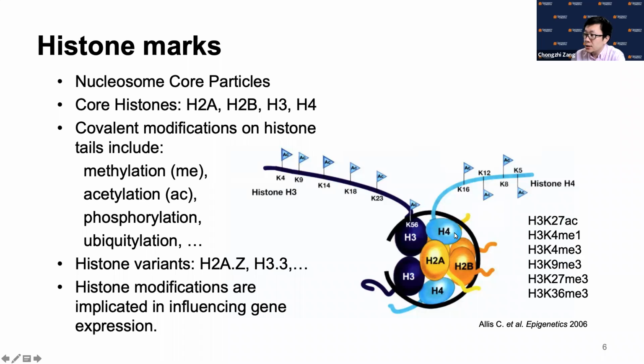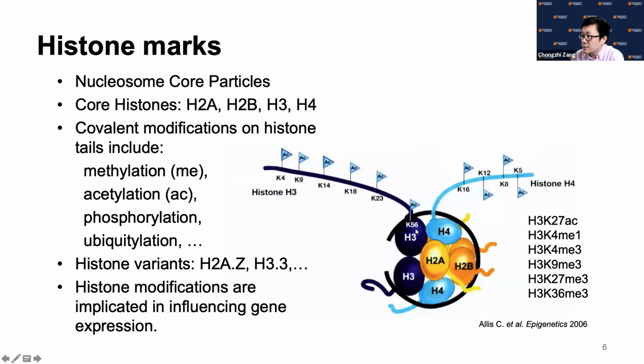So they form an octamer as the nucleosome core particle. And then the DNA sequence is wrapped around this core particle for 1.5 rounds, or about 150, or precisely 146, base pairs.